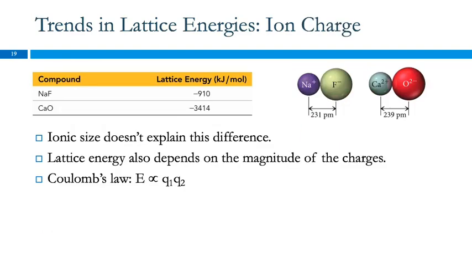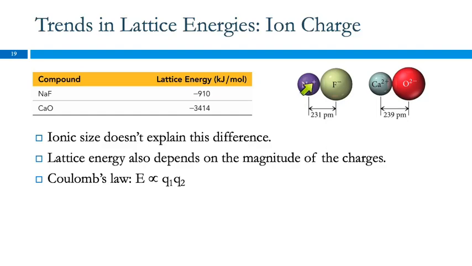We can also look at what if the ions are the same size but their charges are different. And so here, another piece of Coulomb's law, the energy is proportional to Q1 times Q2. So here, sodium and fluoride, the distance there is 231. Calcium and oxide, 239. Not exactly the same, but really close.